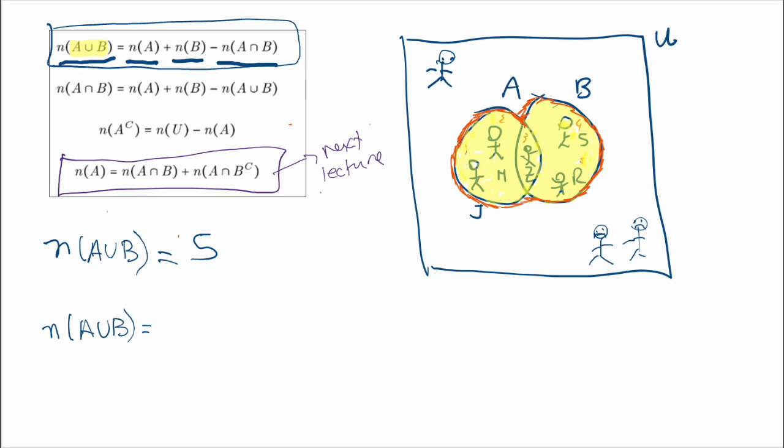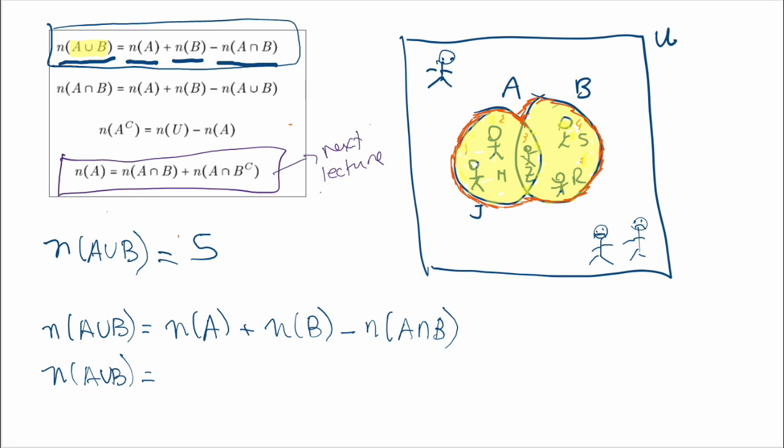It would be a bigger blob, encapsulating everything in A and everything in B. And what you're going to do is take the number of people in A. Oops, let me go back to blue. The number of people in A plus the number of people in B. And it seems natural, right? But there's another term here, which is take off the intersection. So let's apply this formula and try to understand why it works.